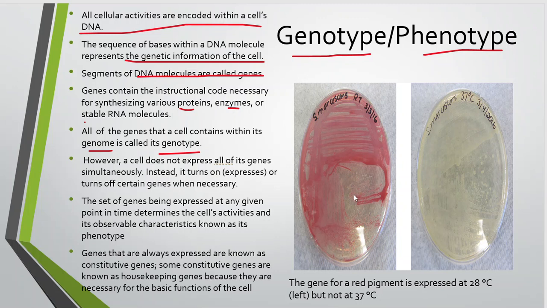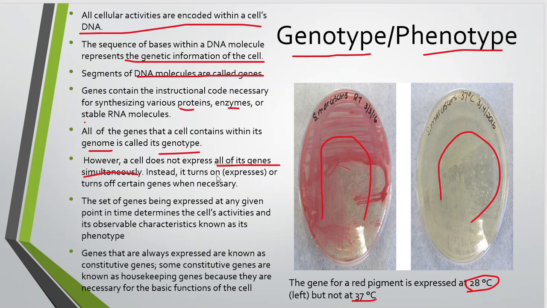Now at 28 degrees C, this guy will have red pigments on his plate, but at normal body temperature, those things are not present. And so he's got the same genes to make that red pigment, but it's only expressed under certain conditions.